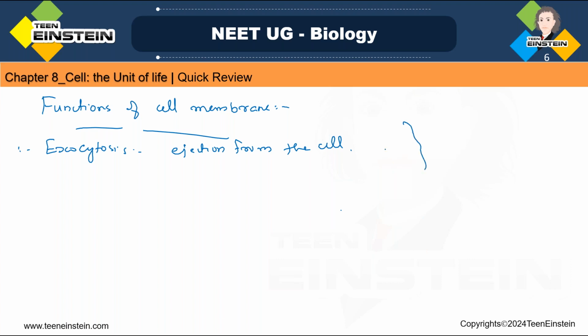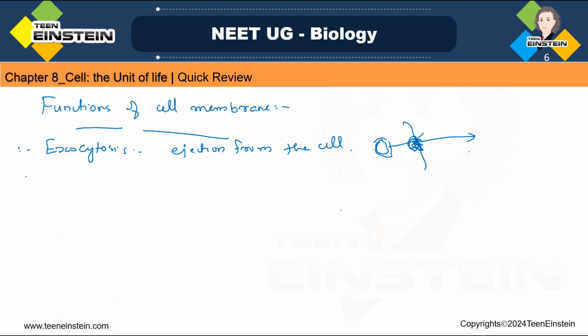See, here is a plasma membrane. A waste substance will be covered in a membranous vesicle, and then it will come and fuse here with the plasma membrane. Then the plasma membrane ruptures, and that releases the substance to the exterior side.